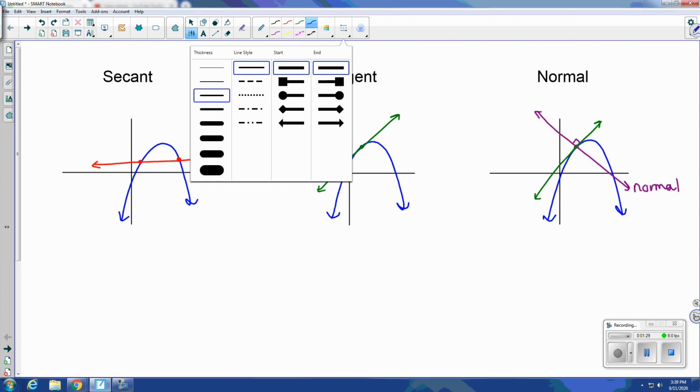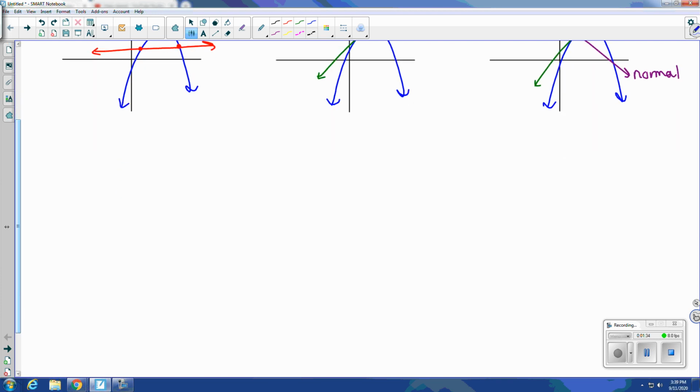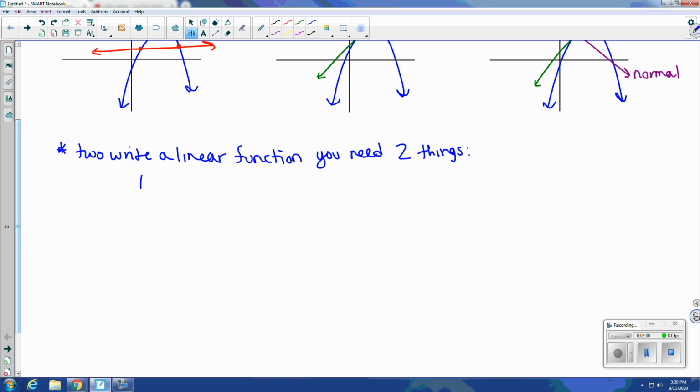So let's just do a quick concept review from back in the day when we studied linear functions. To write a linear function, you need two things. One, you need a point it passes through.